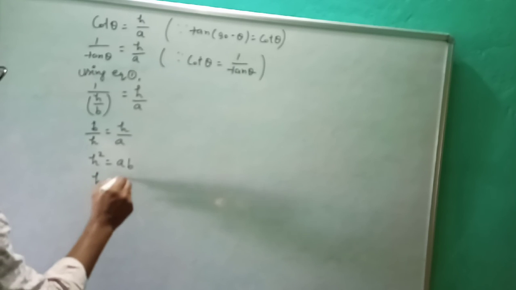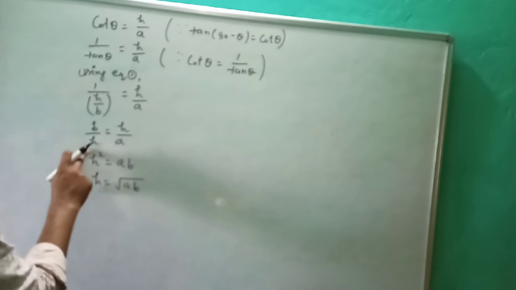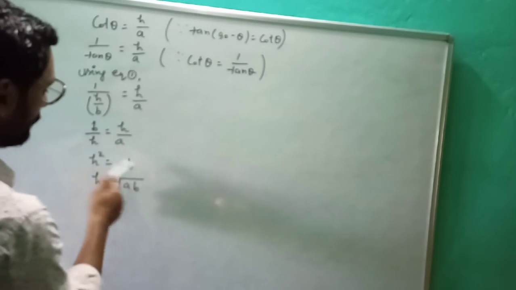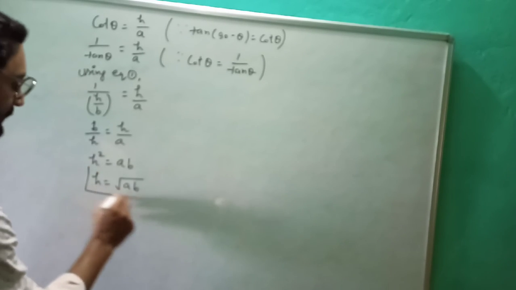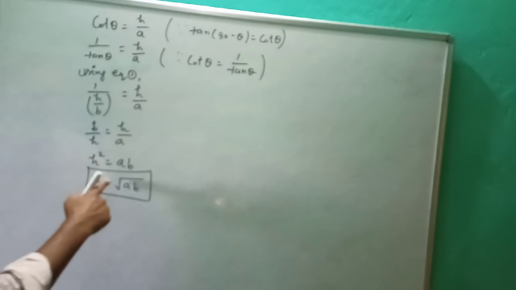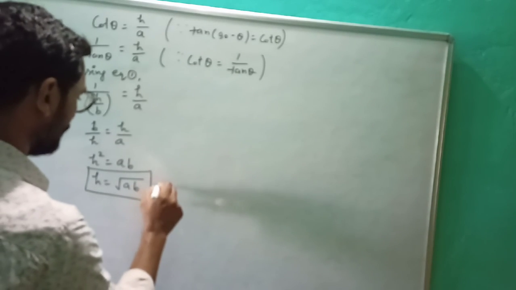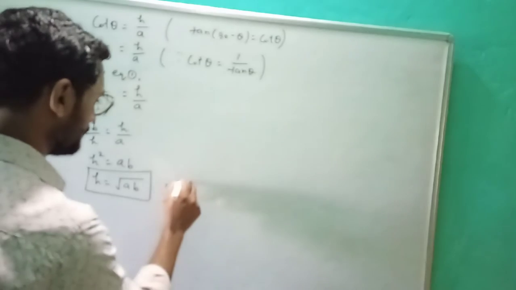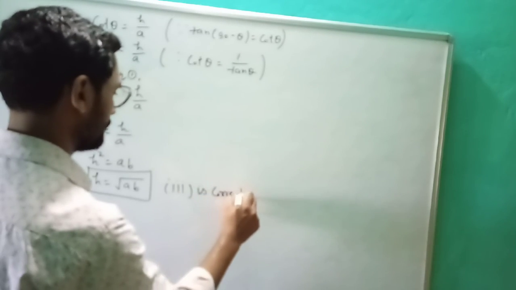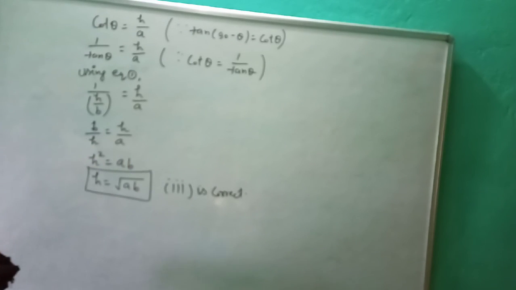So h is equal to the square root of ab. If you take the square root on both sides, you will get plus minus square root of ab, but because height cannot be negative, we will neglect the negative sign. So therefore the third option is correct. This is the way we will solve this question that is based on application of trigonometry.